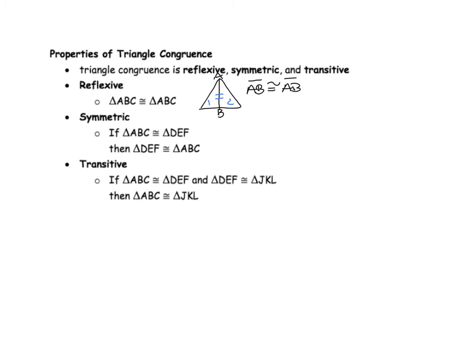Let's say we have three triangles, and we have already determined that triangle ABC is congruent to triangle DEF. And we also see that DEF is congruent to triangle JKL. Then we can automatically, because of the transitive property, say that the beginning triangle ABC is congruent to the third triangle JKL because they both are congruent to the middle one. So that's what transitive means.